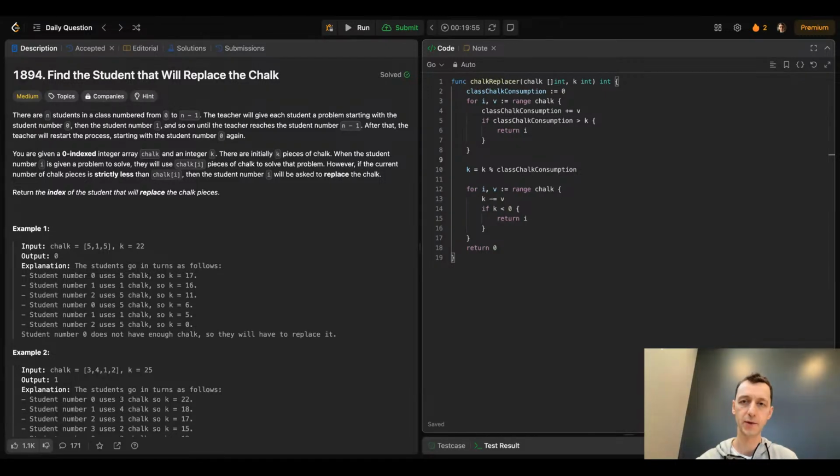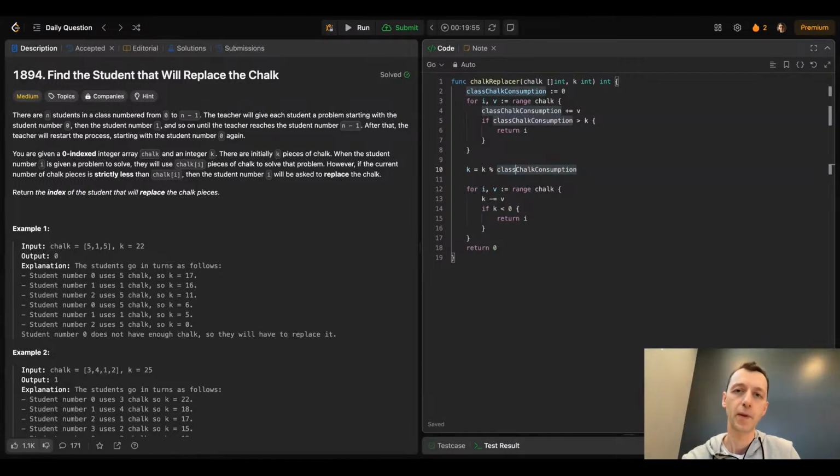One loop instead of two, because we need to know that before we can do this calculation, get that remainder, and yeah, I'll think about it.